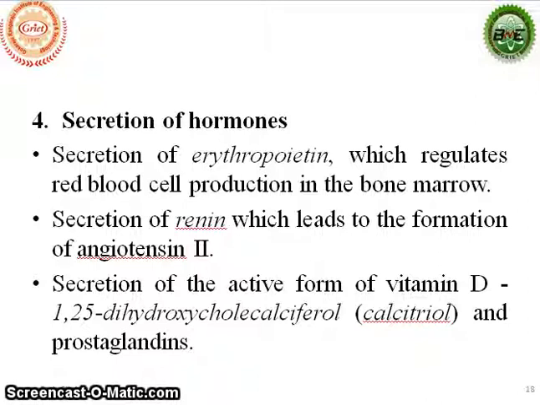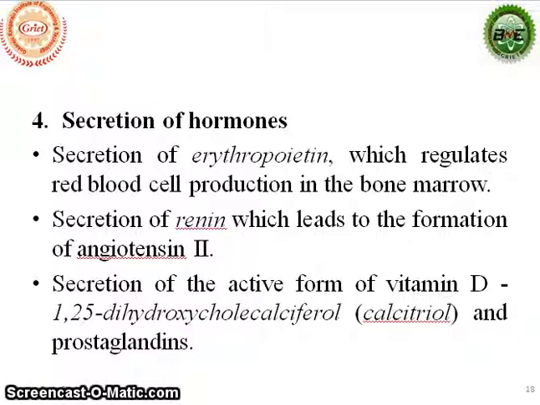Coming to the secretion of hormones, there are several important hormones vital to body functions that are operated by the kidney. For example, secretion of erythropoietin, which regulates red blood cell production in the bone marrow. You could remember it very well because erythro is almost analogous to red blood cells.